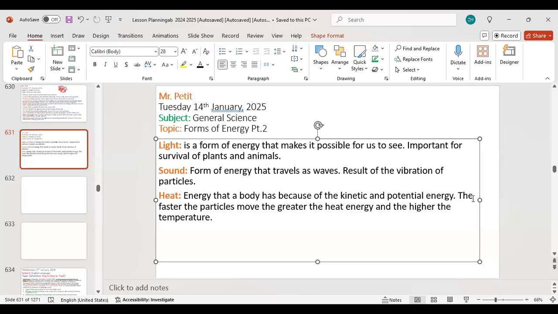Because your body gives off heat. And by the way, that is exactly what we mean by warm-blooded animals. Warm-blooded animals, we give off heat, all right? So our body is able to give off thermal energy. So the greater the heat energy, the higher the temperature.